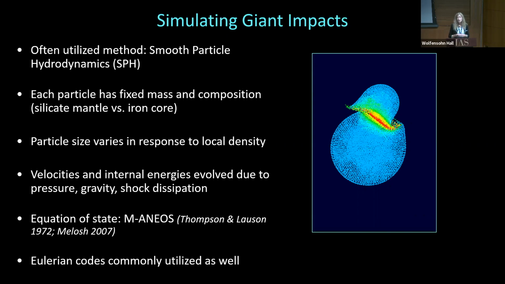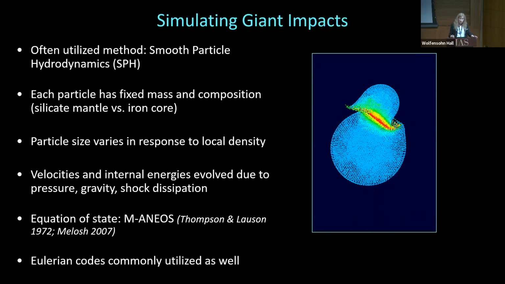Each particle is representing a fixed mass and composition of material. The size of the particles adaptively adjusts to the local density. Particularly important in moon-forming impact simulations is an equation of state that accounts for phase changes. The most important is vaporization, because the latent heat of vaporization for rocks is such a big energy sink in these simulations.